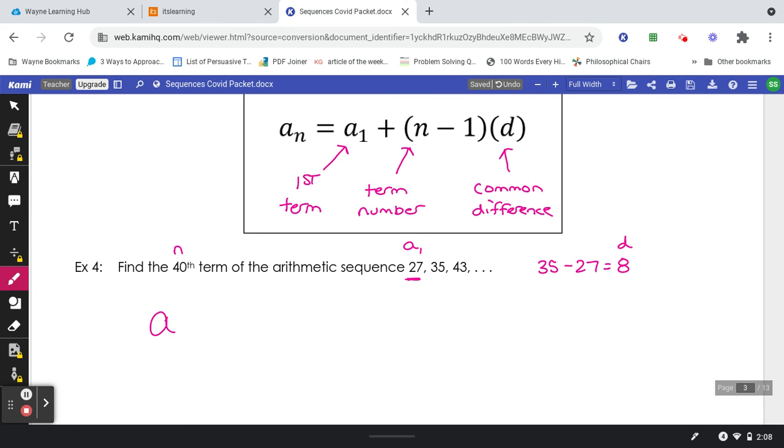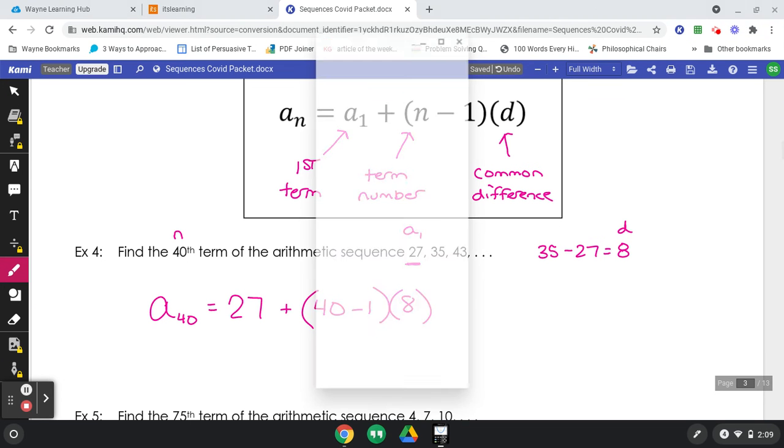So I'll write a sub 40. That's the mathematical way of saying the 40th term equals the first term plus 40 minus 1 multiplied by 8. And I'm just going to go ahead and type this into the calculator exactly like I see it.